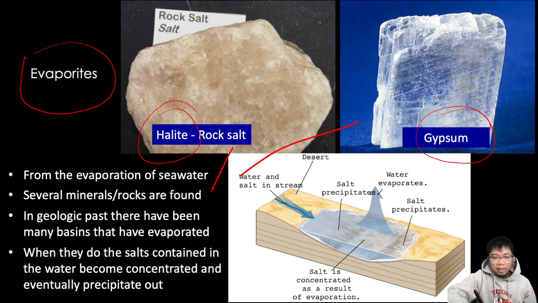In the past, there were many geological basins that have been evaporated. When they evaporate, they leave a lot of sediments and deposits of salt behind, and eventually create very thick rock salt or evaporite deposits.